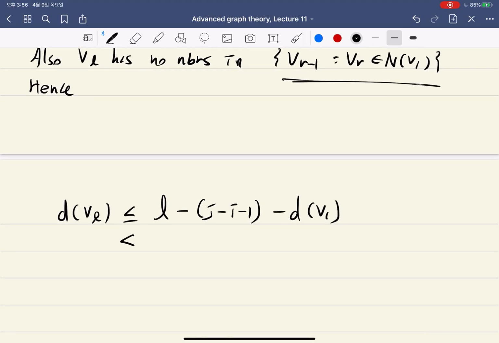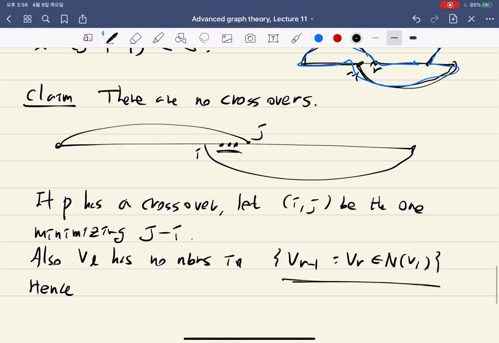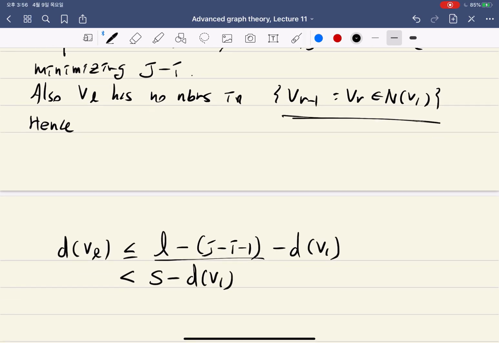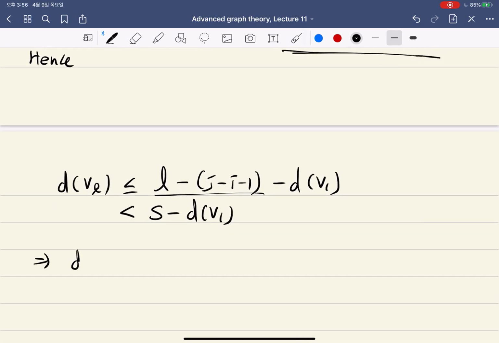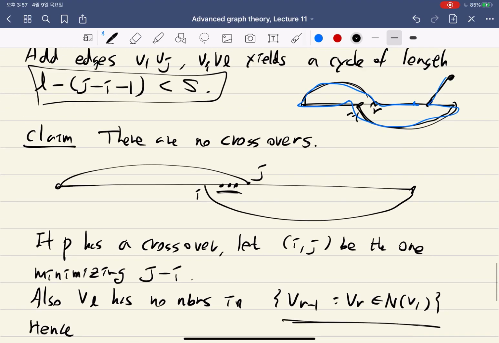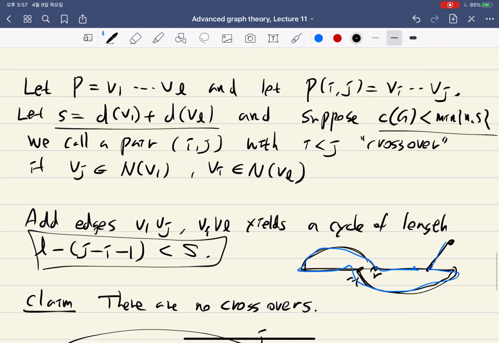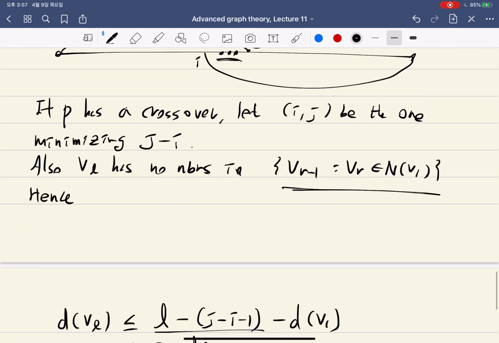So this is strictly smaller than S minus the degree of P1. This is smaller than S because of this. So this implies that degree of P1 plus degree of PL is smaller than S, a contradiction, because we took S to be the sum. So this proves the claim.